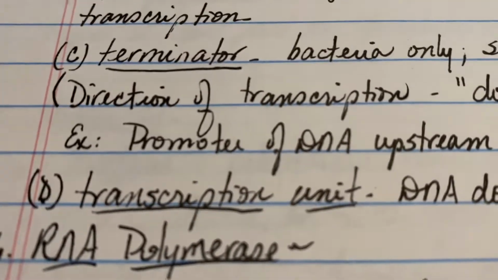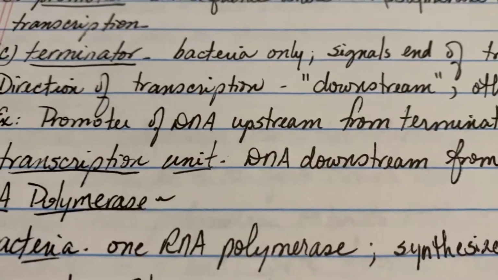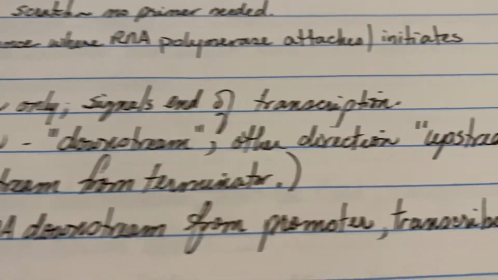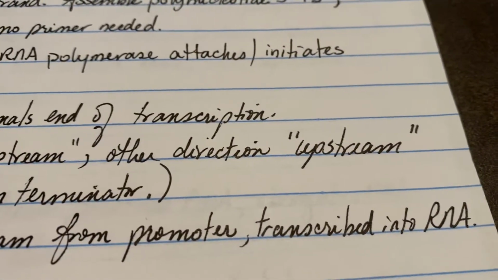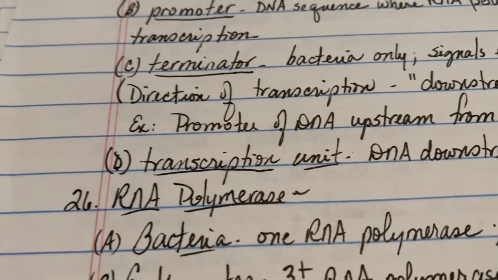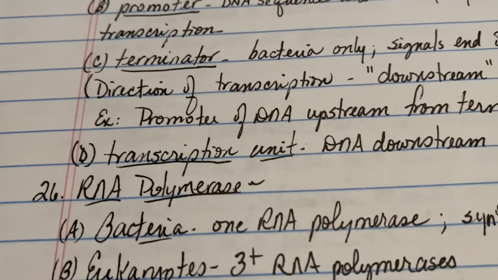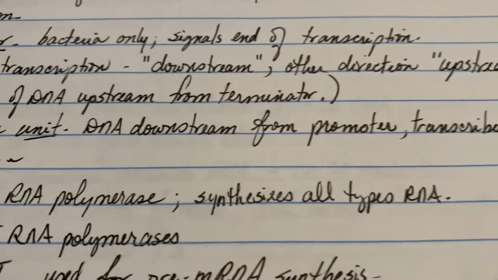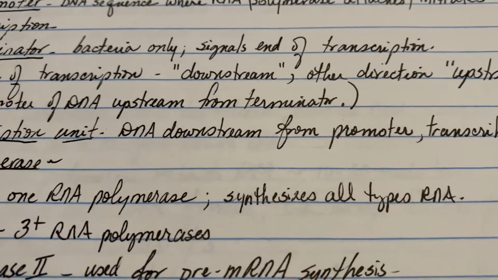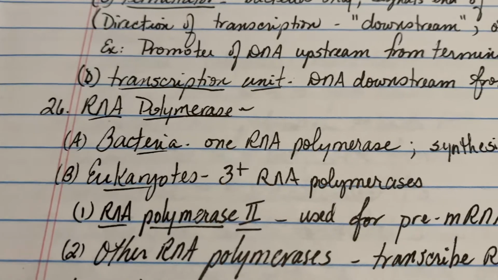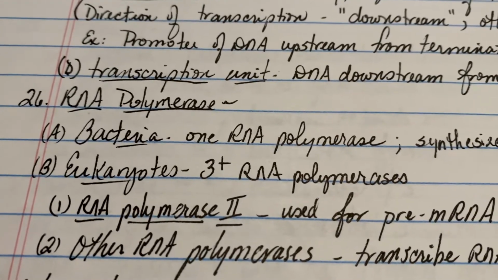A transcription unit includes DNA downstream from the promoter that is transcribed into RNA. Now, RNA polymerase is, of course, very important. In bacteria, there's only one RNA polymerase that synthesizes all the types of RNA. In eukaryotes like ourselves, there are 3 or more RNA polymerases.